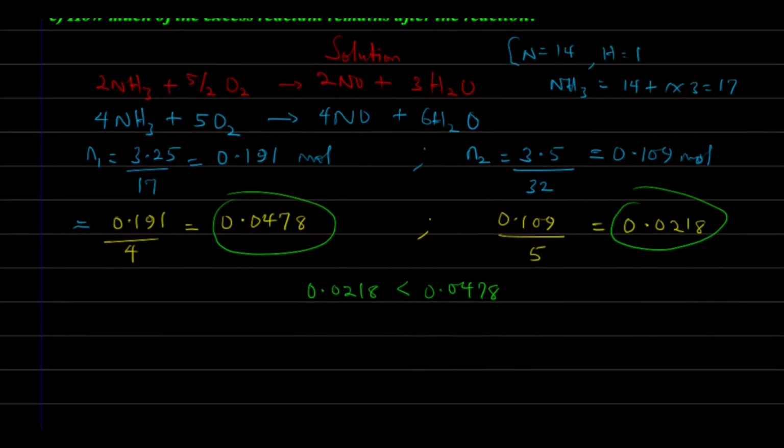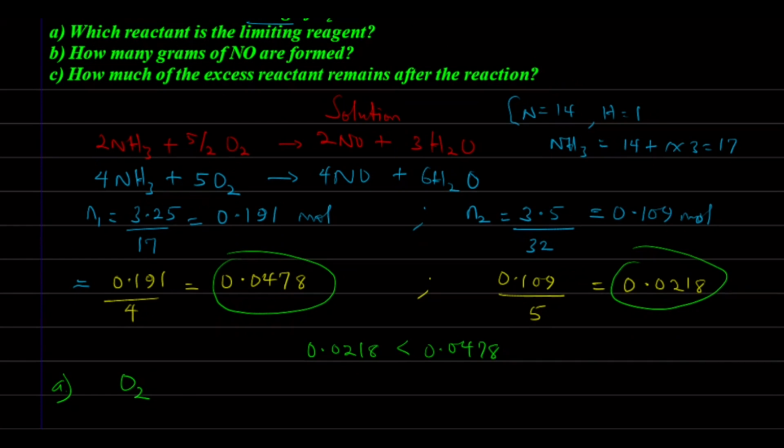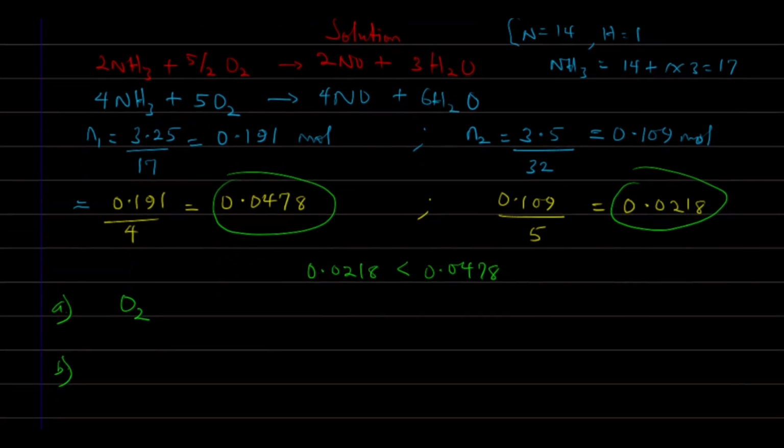So we have solved the first question. The limiting reactant is oxygen gas, and it's going to determine the end of the reaction. The B part: how many grams of NO are formed? Like you have said, the limiting reagents are first used up and they are used to calculate the parameters related to the product.